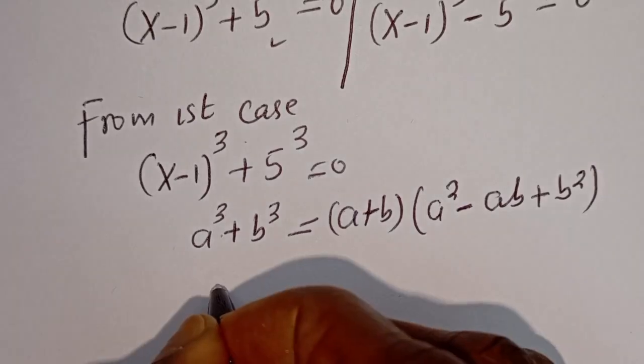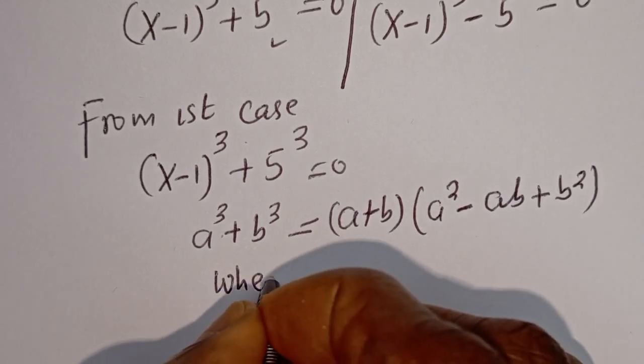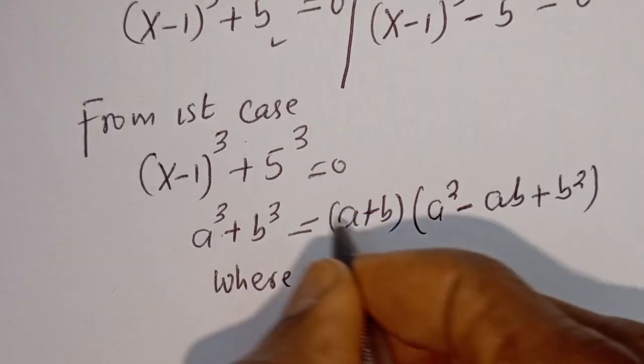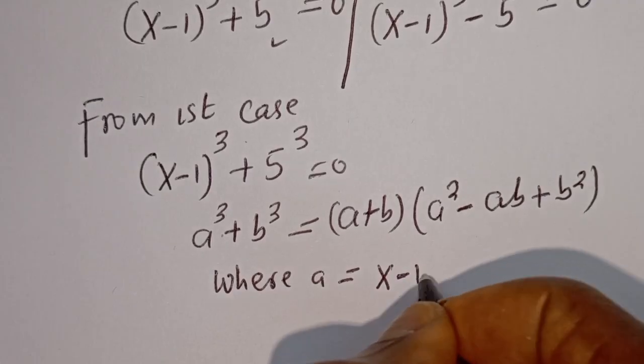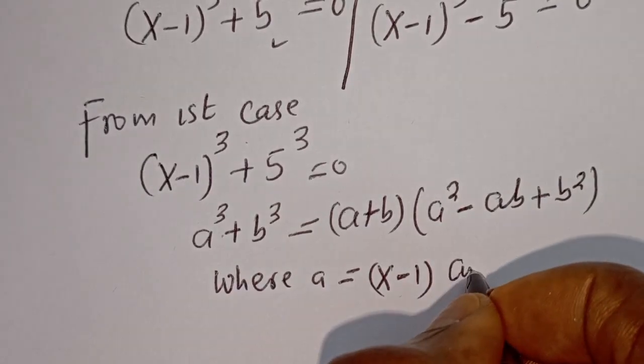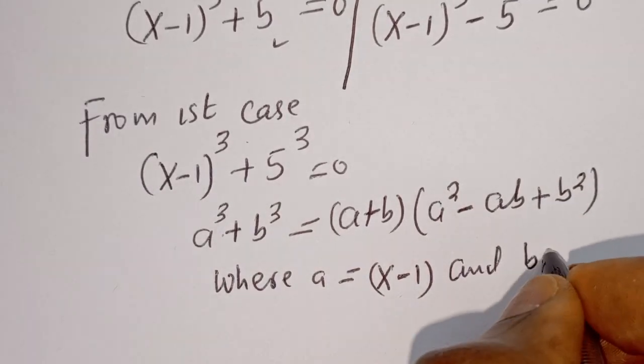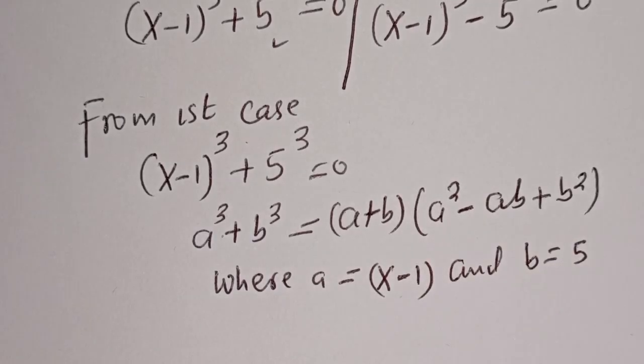Now where a is equal to x minus 1 and b is equal to 5.